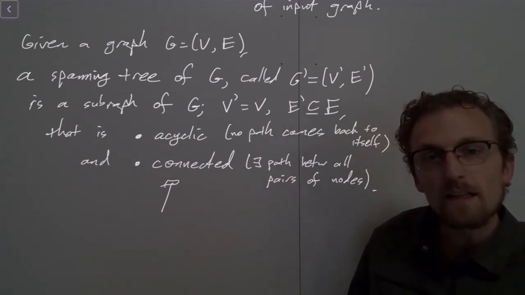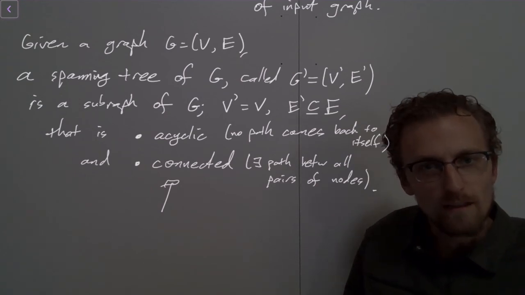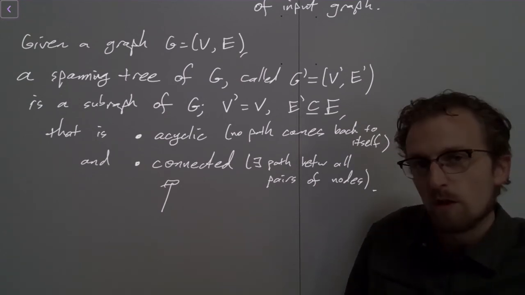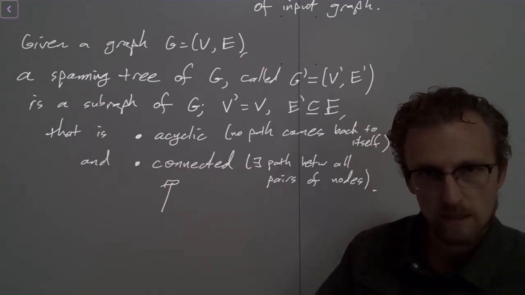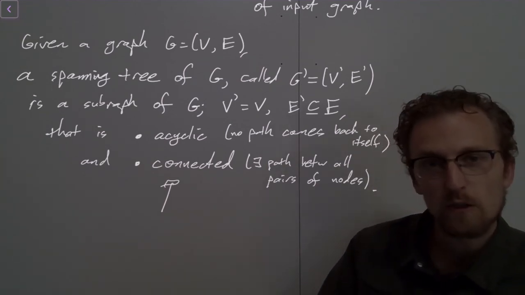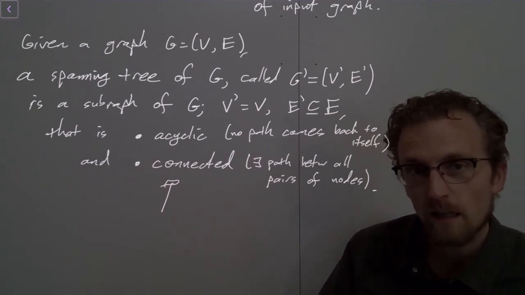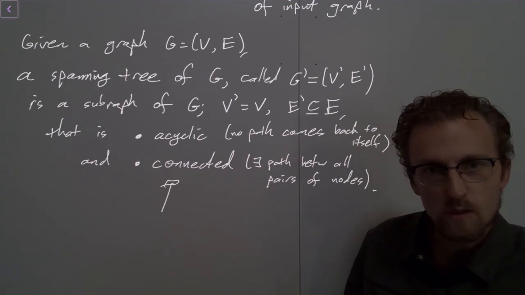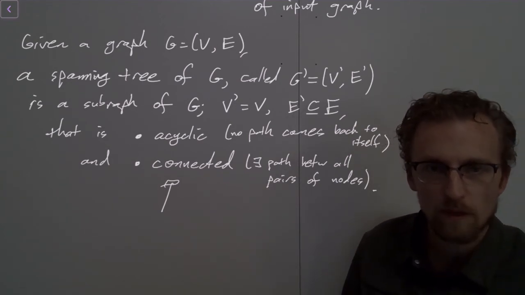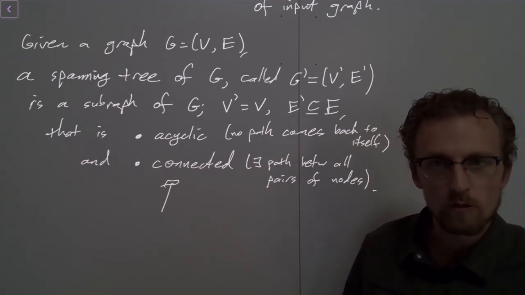And the fact that it's acyclic means that those paths are unique. So if you say, what's the shortest path from A to D, and you have the spanning tree that Dijkstra's algorithm has given you, the fact that that spanning tree is acyclic means that there is only one possible answer from that tree. It gives you exactly one possible path from A to whatever node you're looking for.